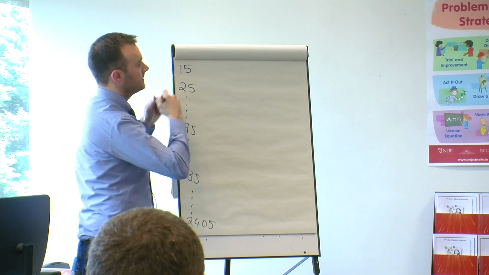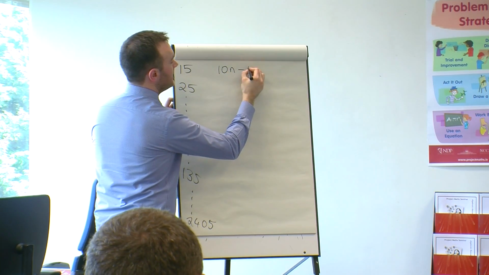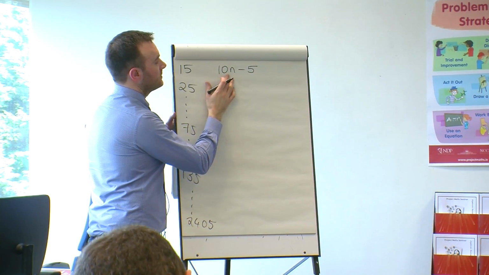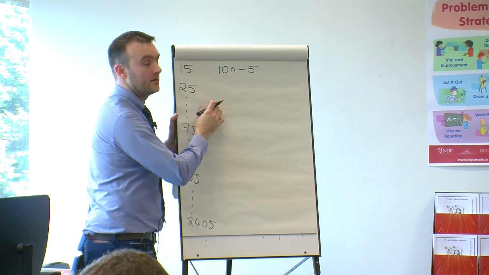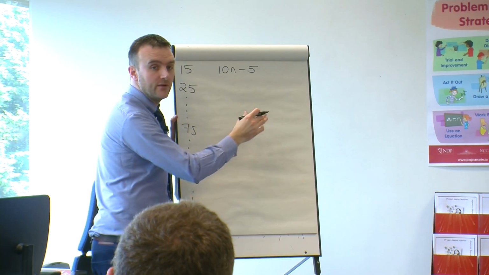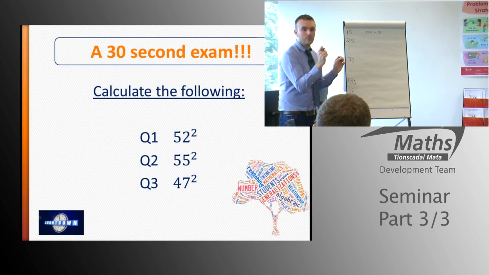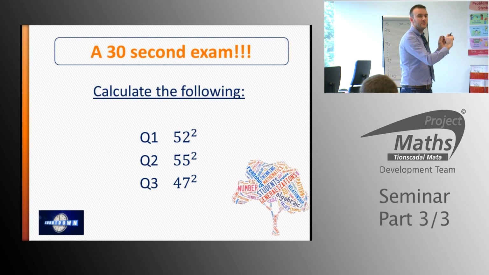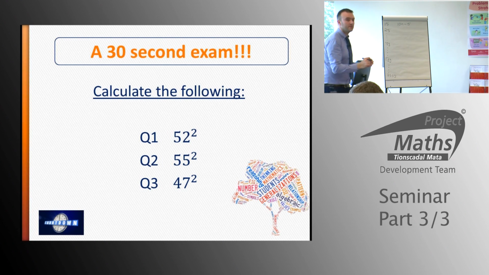So let's think about that. 10n take 5. If I square that, I'll get 100n squared minus 100n plus 25. It doesn't have what the trick is giving me though. Do you know, so can you make a slight change to it?